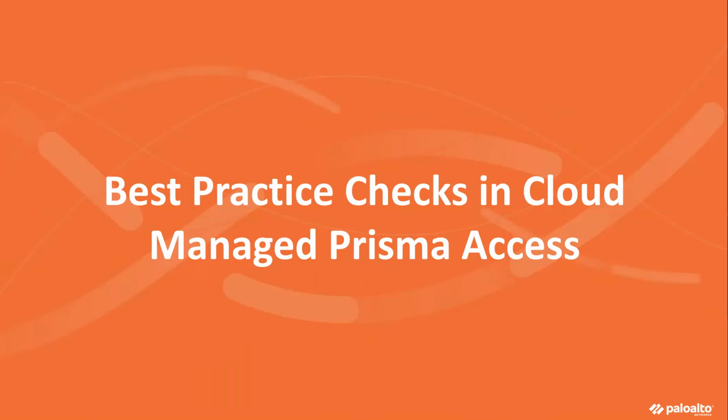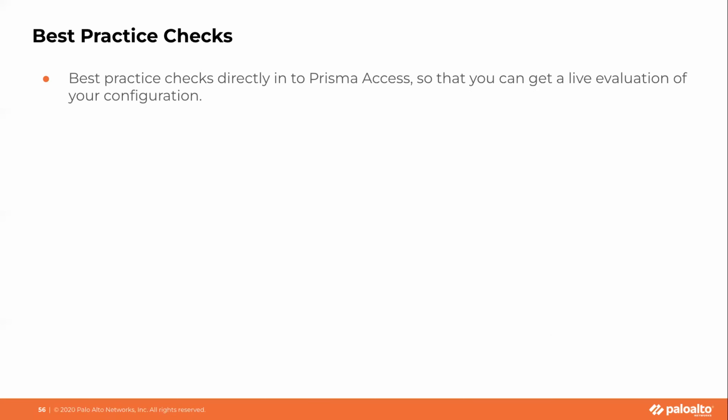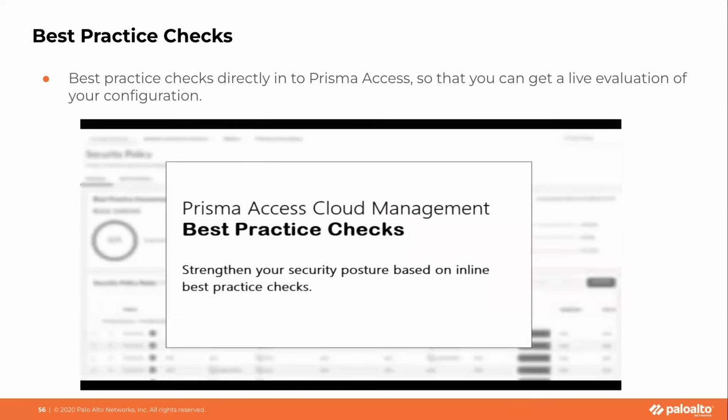Now let's have a look at how, if you're using cloud managed Prisma Access, you can use the BPA checks or best practice checks in the cloud managed. The cloud managed Prisma Access app in the hub has a built-in feature which checks the best practices directly in Prisma Access.